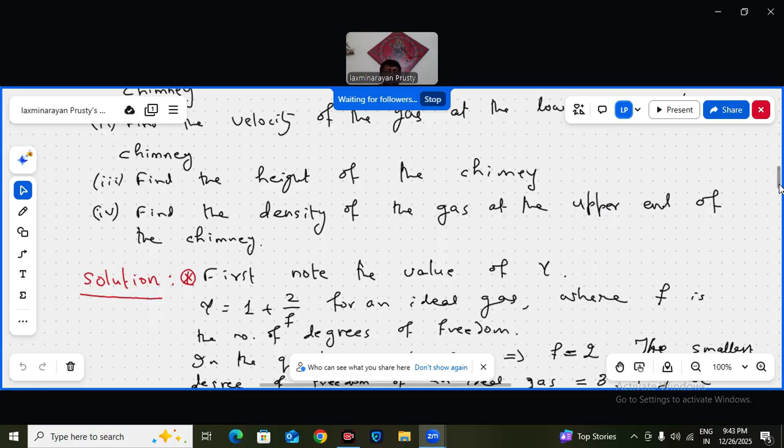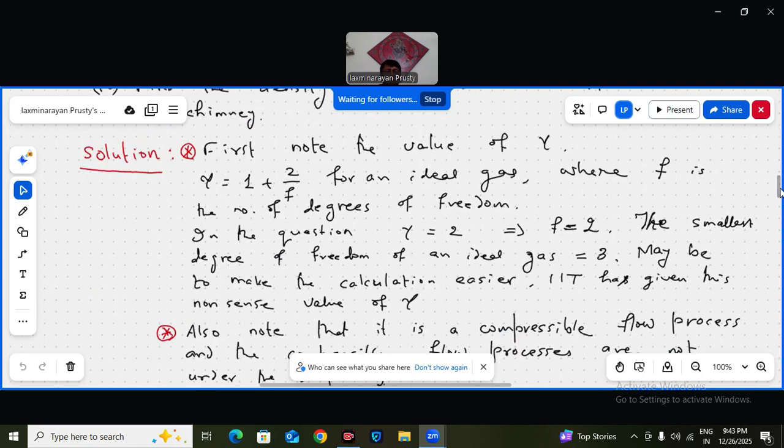Okay. Before the solution, I want to raise a few caveats here. The value of gamma is given as 2. As you know, gamma for an ideal gas is 1 plus 2 by F, where F is the number of degrees of freedom. If I put 2 here as gamma, as per the question, then I am getting F as 2.